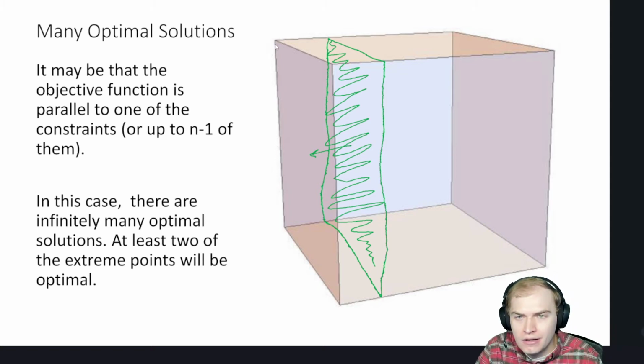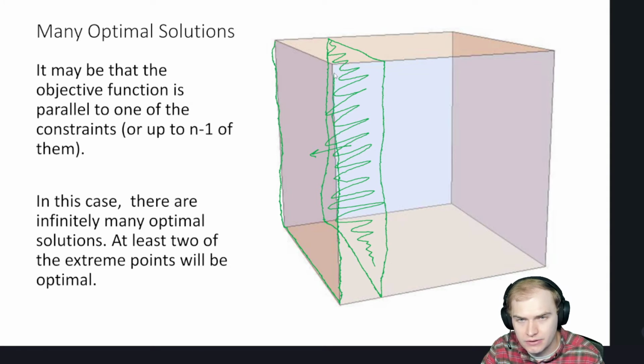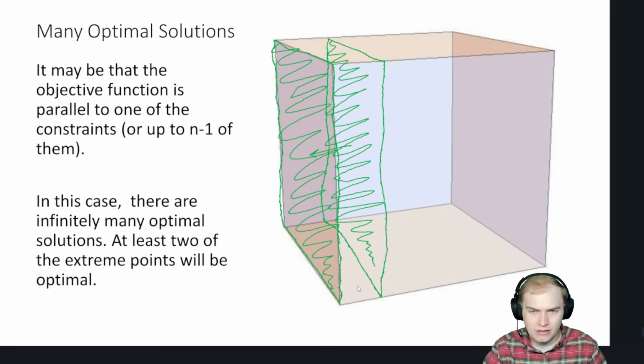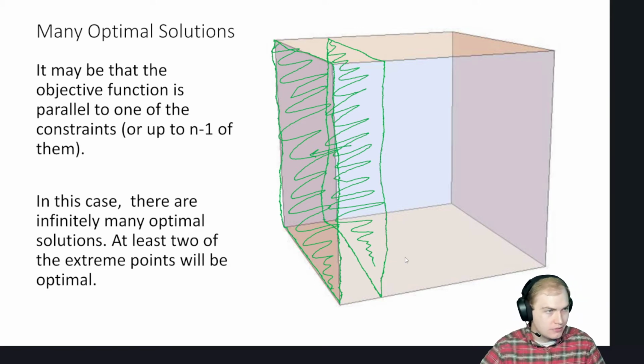Well then, the maximal level set, the largest valued level set of our objective function, will intersect the whole face of the cube at once. And so all of those points will be optimal.